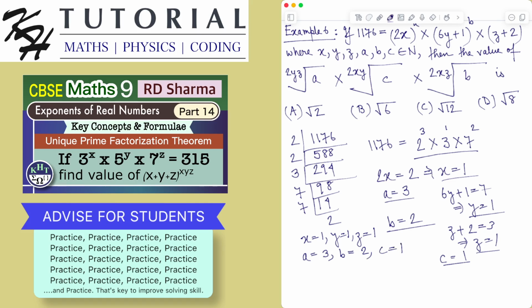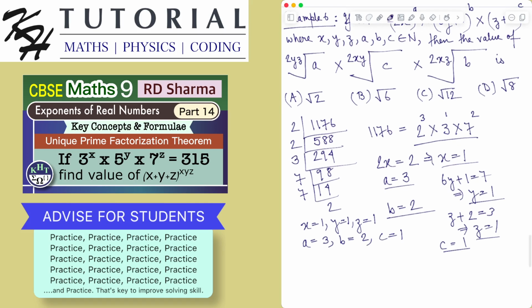Now we have to find the value of the given expression. We are seeing a product of 3 radicals. Now clearly we see that xy will be equal to yz will be equal to zx, they all will be equal to 1.